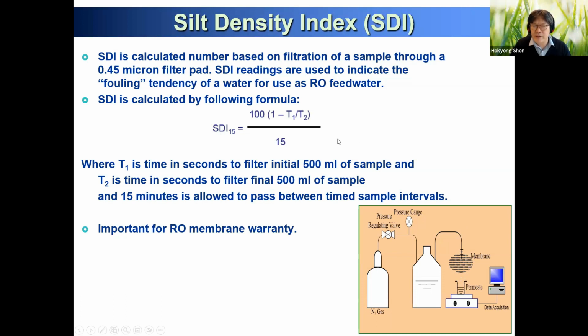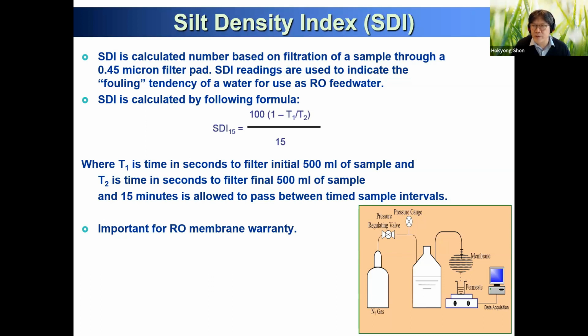In this situation, every RO manufacturer wants to see the SDI. At least you have to make sure of clean pre-treatment. Otherwise, you damage your RO and you cannot get a warranty. When they decide warranty timing, SDI is one of the indicators for your RO membrane.